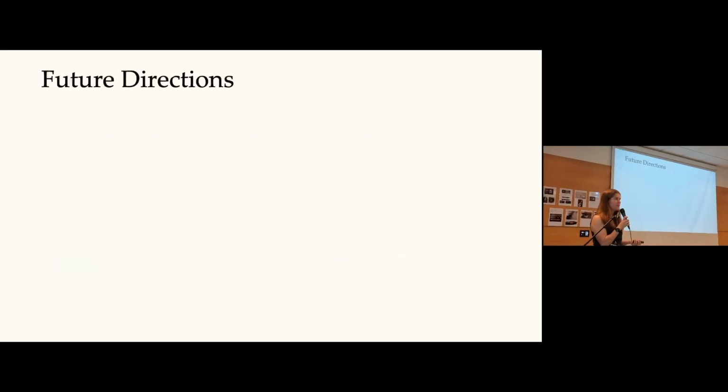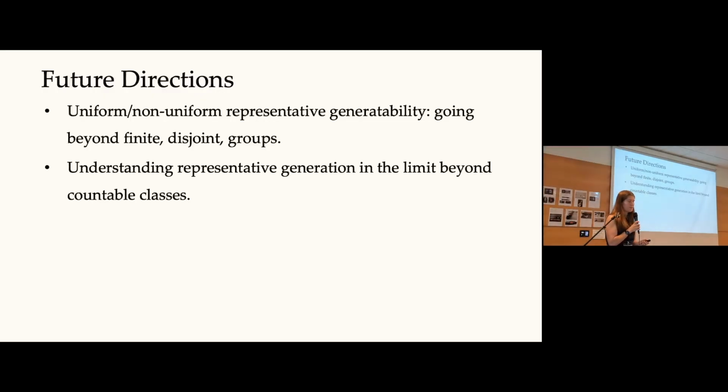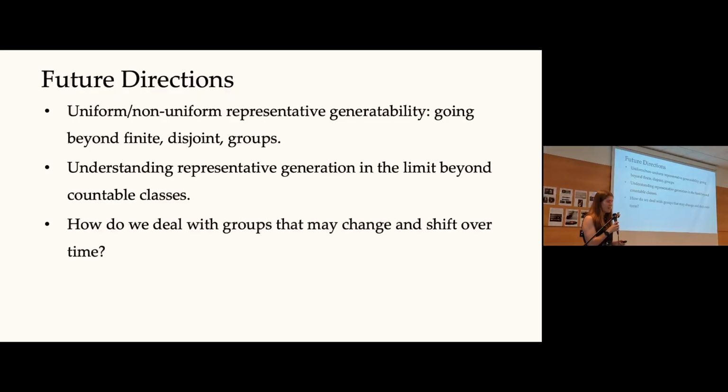Cool, and so some future directions: one is going beyond finite disjoint group collections for uniform and non-uniform generatability, as well as understanding a full characterization of representative generation in the limit beyond just countable classes. And finally, bringing things back to the real world, can we deal with groups that are more dynamic and maybe change or shift over time?